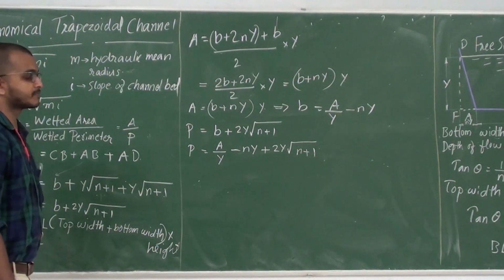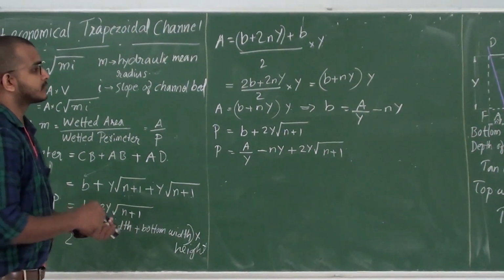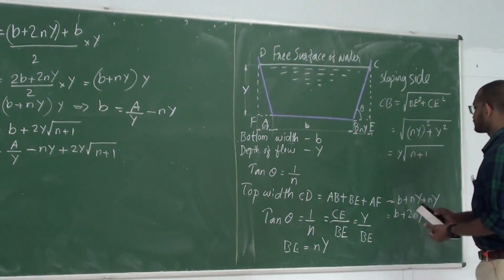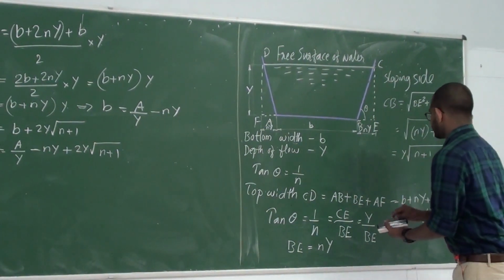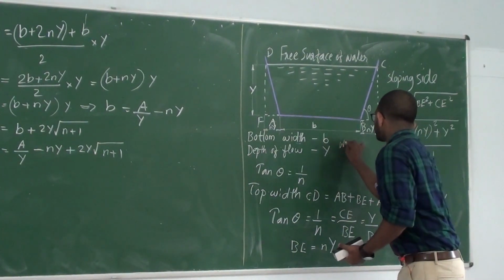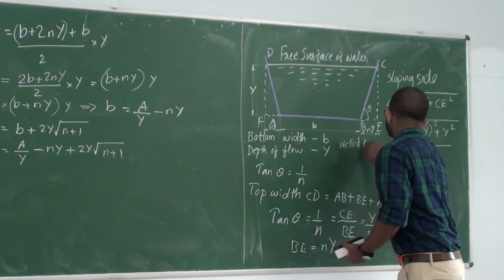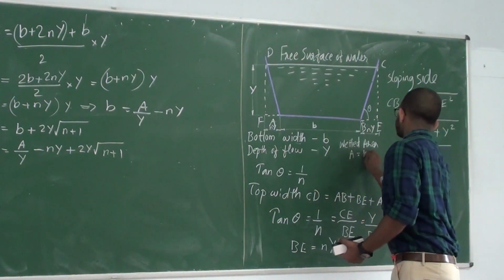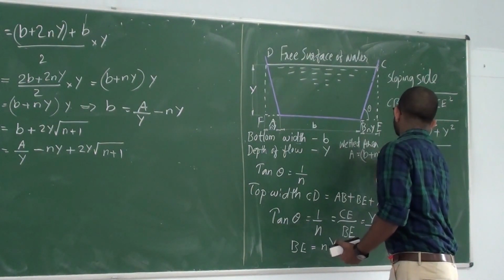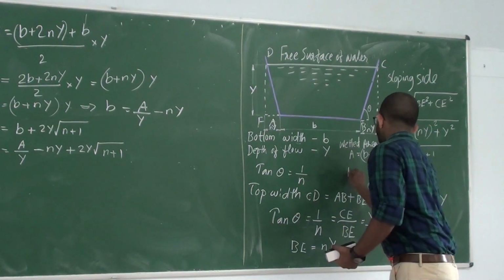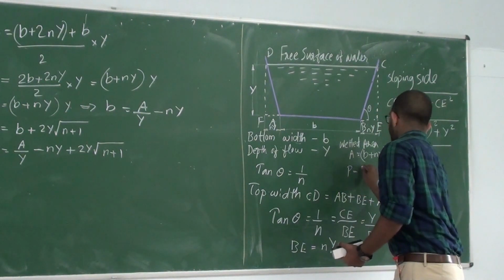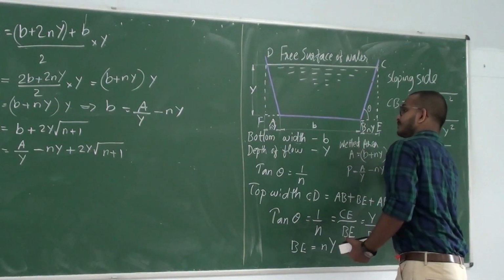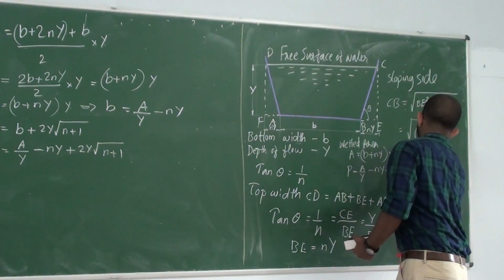So this is our wetted perimeter P. So let us note down this result here. Wetted area A is equal to B plus NY into Y, and the wetted perimeter P is equal to A by Y minus NY plus 2Y into square root of N square plus 1.